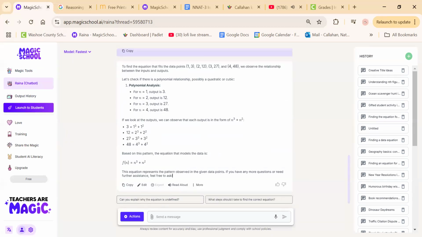Do you see how for this one is f of n, n to the third, n squared? To get to 3, it's 1 to the third plus 2 to the third, or 1 cubed plus 2 cubed, right? I don't think that actually works. I don't know how. But it's not linear. But anyways.